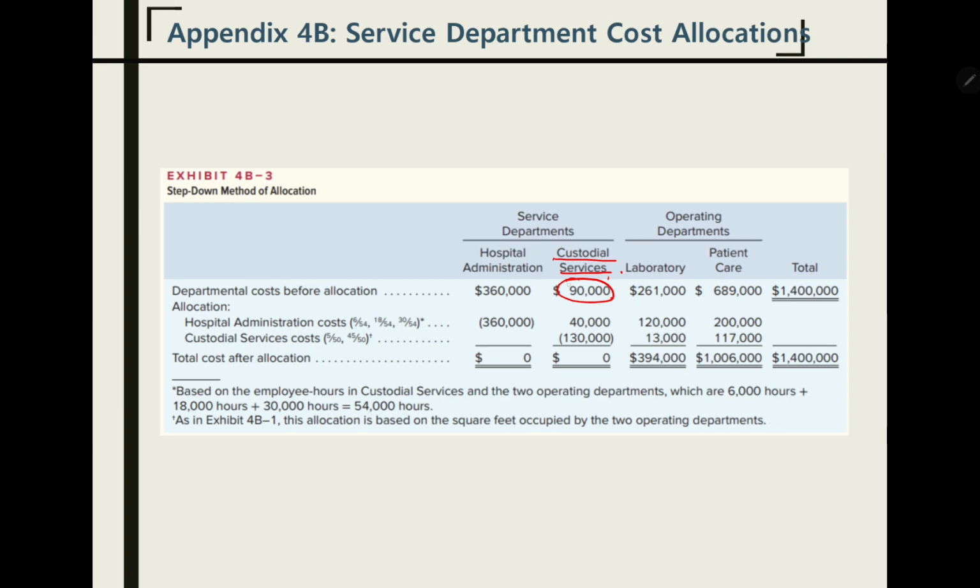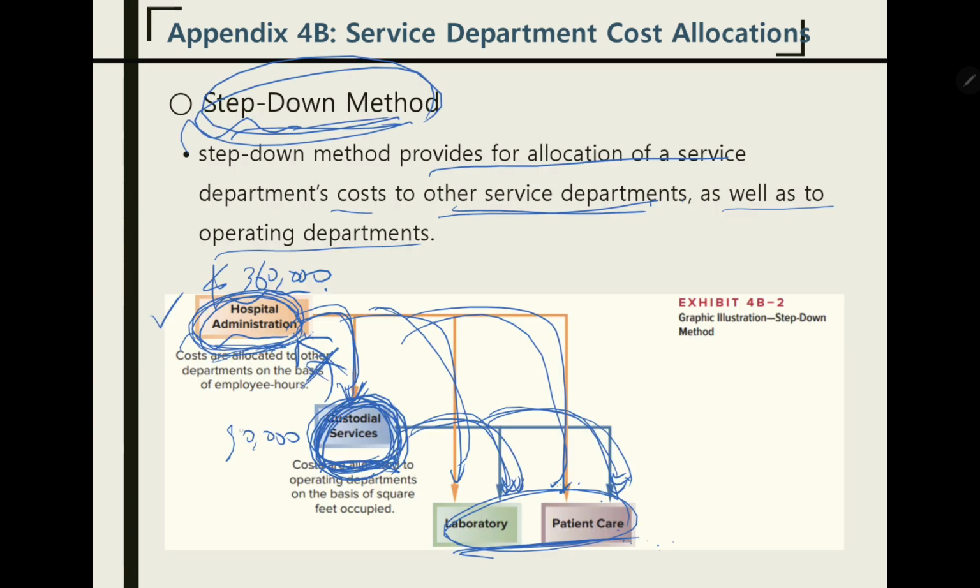We allocate 90,000 and the 40,000 together. Where does 40,000 come from? 40,000 comes from the allocation of hospital administration's cost. Okay, so the custodial service 90,000 and the allocated 40,000.